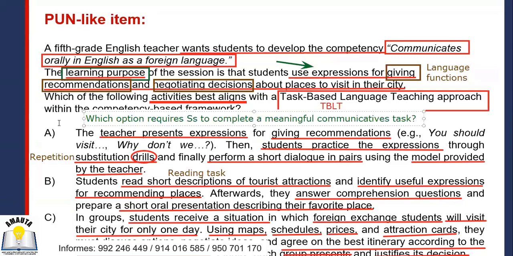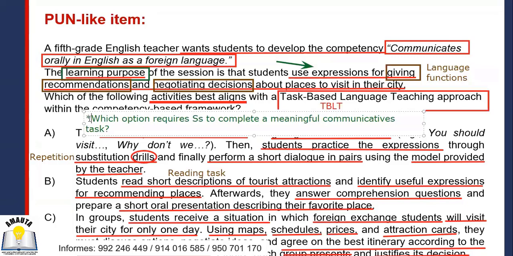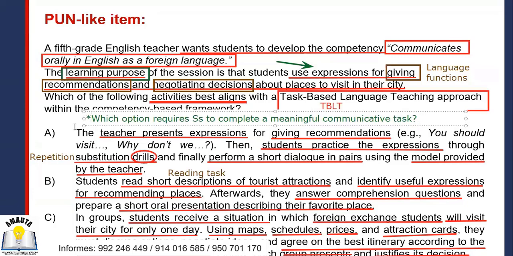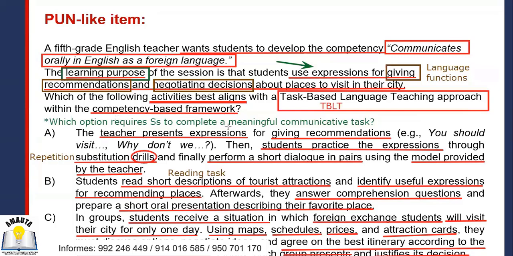My dear teachers, which option requires students to complete a meaningful communicative task? What about option A? Do students here complete a meaningful communicative task when they repeat?